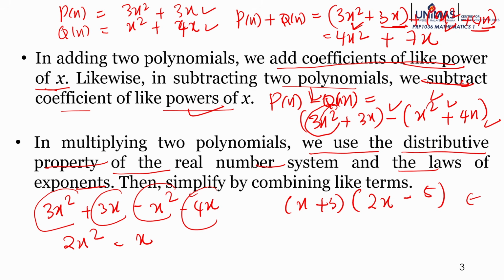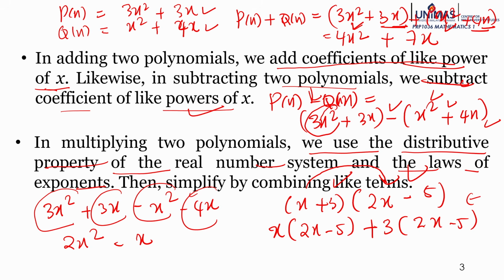That means we have to expand: x multiplies 2x minus 5, plus 3 multiplies 2x minus 5. Then using the law of exponents and combining like terms, you get 2x squared plus x minus 15. This is the basic of addition, subtraction, and multiplication.